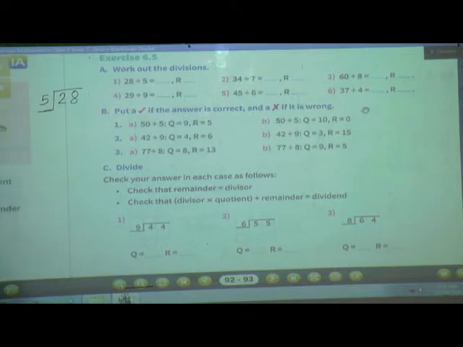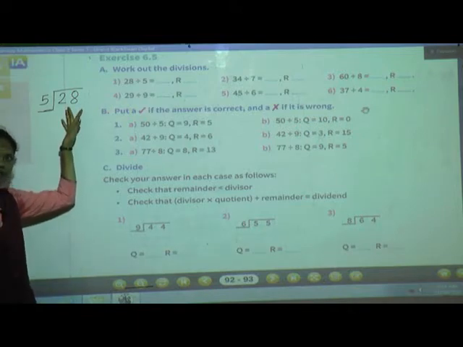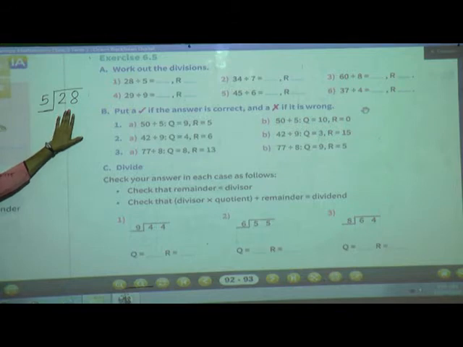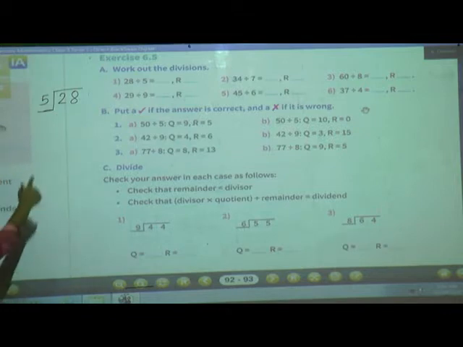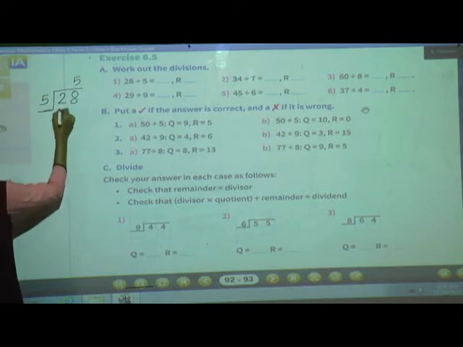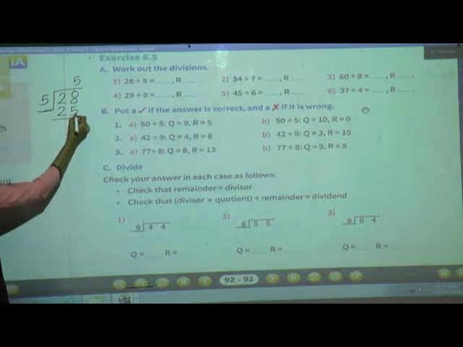We will check the smaller number than 28. Which is the smaller number in the table of 5 than 28? Yes, 25 is there. So 5 5s are 25.